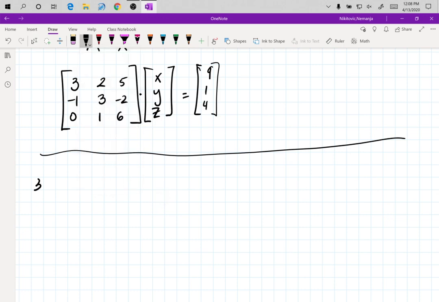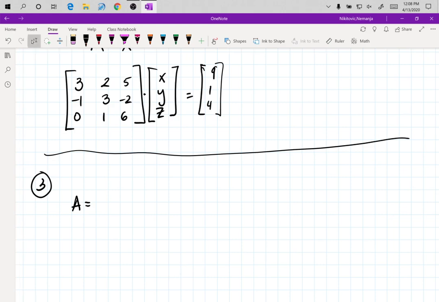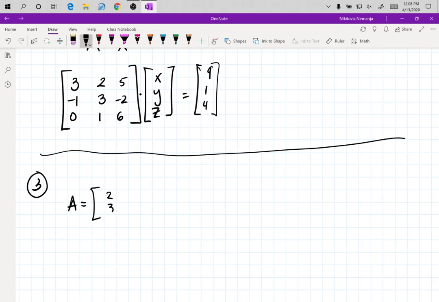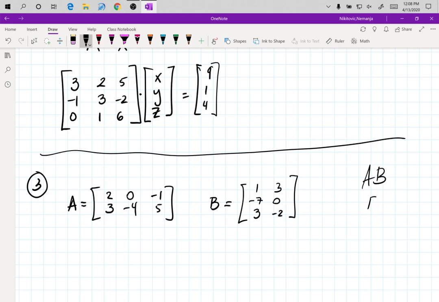It's problem number 3. You'll have many more of these in MyMathLab. So A is 2 and 3, 0 and -4, -1 and 5, and B is 1, -7, 3, 3, 0, -2. They want AB and they want BA.